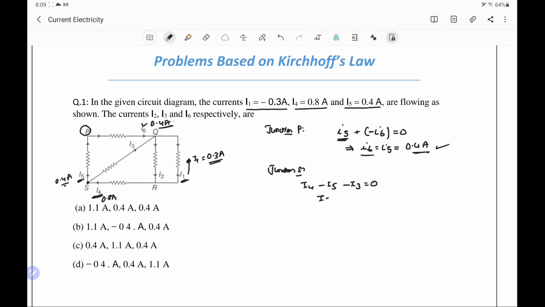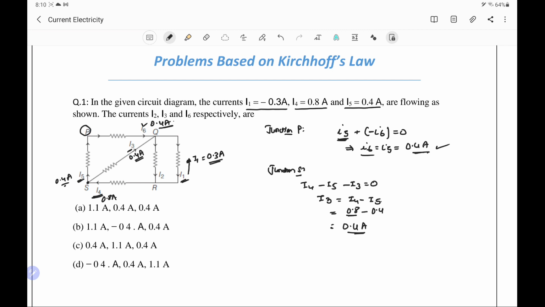So I3 will be equal to I4 minus I5. This is equal to I4 is 0.8 ampere, which is given, minus I5, which is 0.4 ampere. So I3 will be 0.4 ampere.